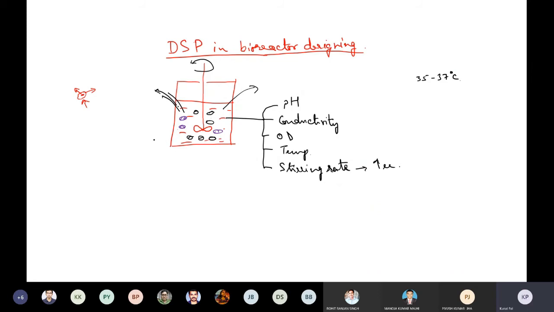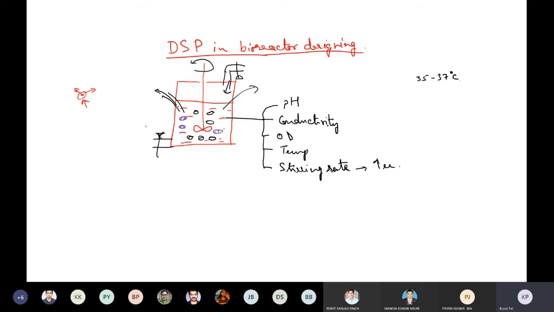Now if it is an online bioreactor, the DSP may control this outlet valve so that it reduces the original volume to a certain level, and it adds a certain amount of fresh media from the top. In this way, it may help you in maintaining the amount of microbes within the bioreactor itself, in a continuous process.